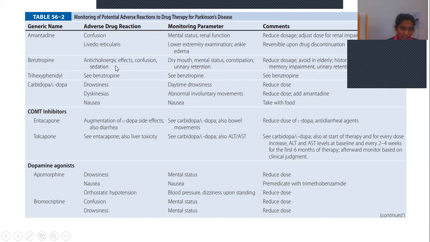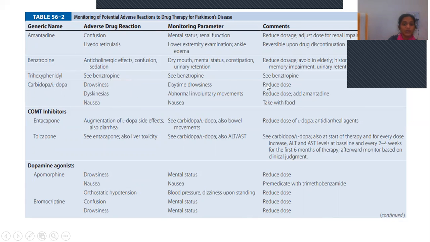Benztropine has an anticholinergic effect, causing confusion and sedation. Whatever the side effects of anticholinergics that can be seen here, if they are found, we have to decrease the dose. And trihexyphenidyl, Cogentin, again the same. Carbidopa/levodopa causes drowsiness, dyskinesia, and nausea. Because of drowsiness, we have to ask the patient whether he is having daytime drowsiness.